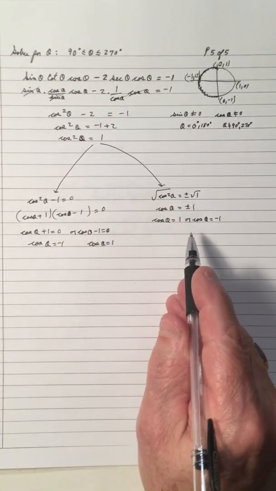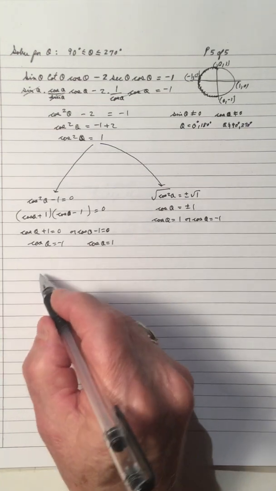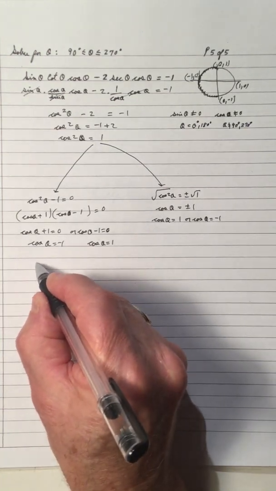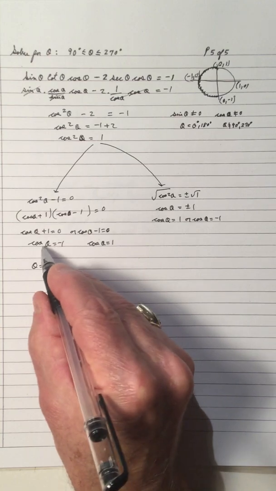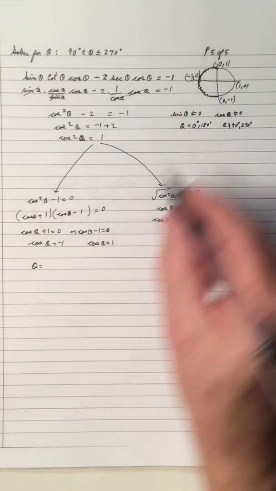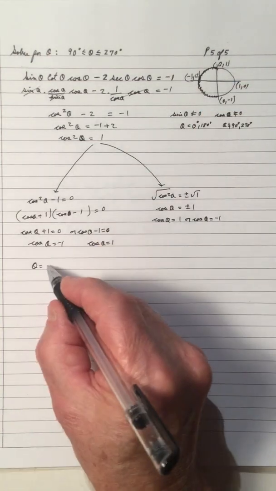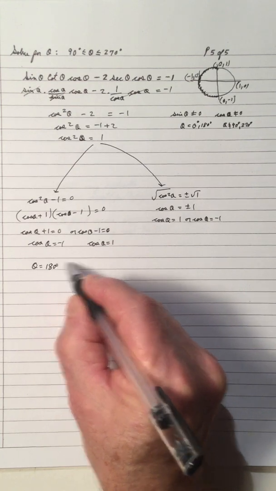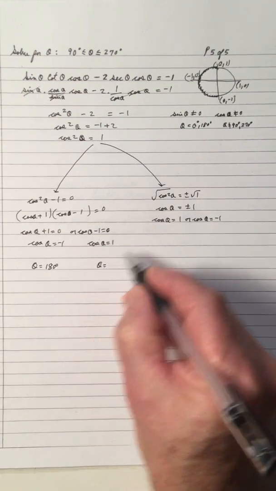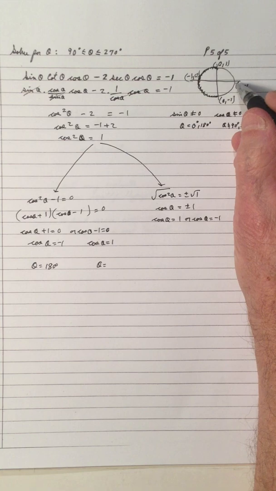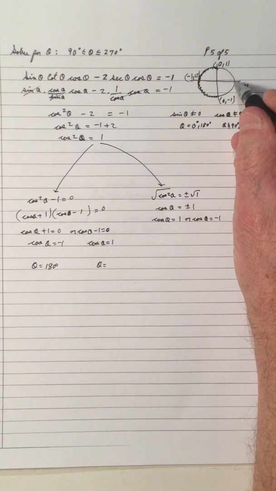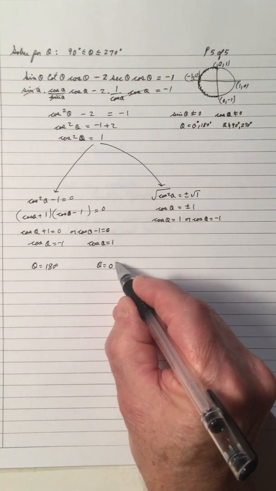So you could solve that either of two ways. And because we're looking at cos as the x, -1 is at 180. And cos theta equals 1, that's right here, that's at 0.